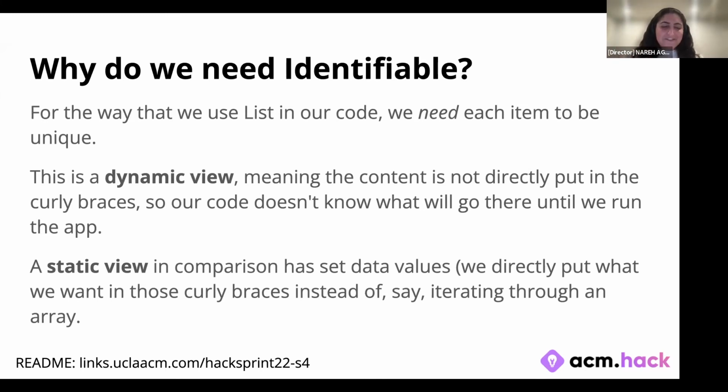I don't want to introduce terms that we haven't talked about yet, but when we get data values that we don't know yet in an array, then this will really help, since we won't know off the bat what will go in there. So just a TLDR for this slide, the list needs everything to be identifiable with the way that we're iterating through the array.